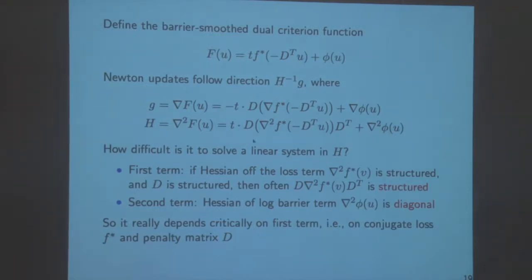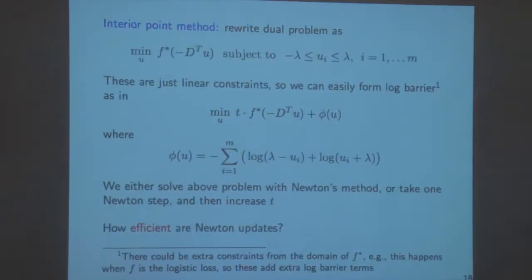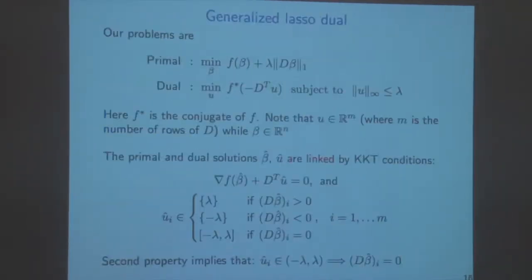So what kind of structure does H have? That's going to determine whether it's easy to solve these linear systems or not. Let's look at both terms, the second term first, actually. This part is always diagonal for this type of problem, because what we've done, essentially, in forming the dual, is move the linear transformation out of the non-smooth part into the smooth part.